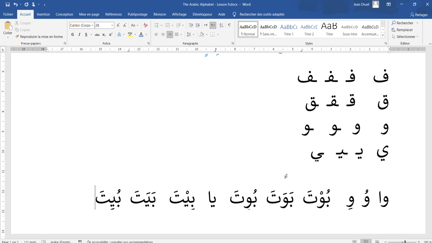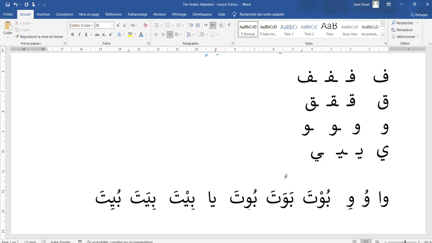Okay, so any case where the vowel before is not the corresponding vowel and there is not a sukun, then it has to be a consonant. Like this would be biyata. It is a kasra before, but not a sukun, biyata. And here I have a dhamma before, but not a sukun, buwita.